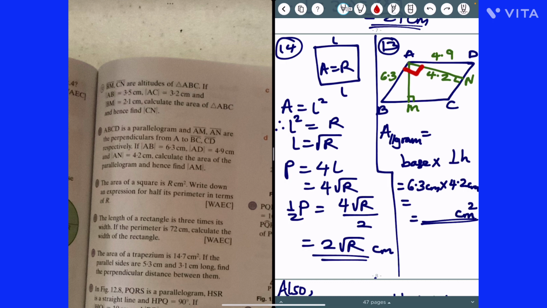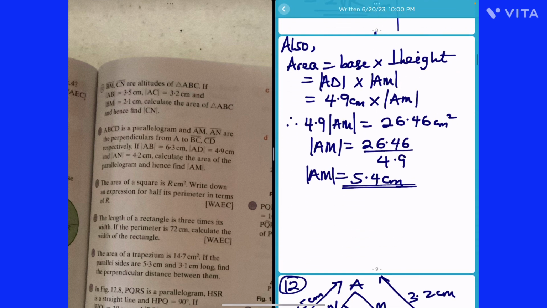So if AD is 4.9, BC is also what? 4.9. BC is also 4.9. So 4.9 times AM will give me the same answer I get here. So I can now use that to get my answer.